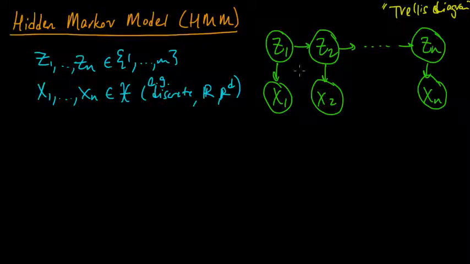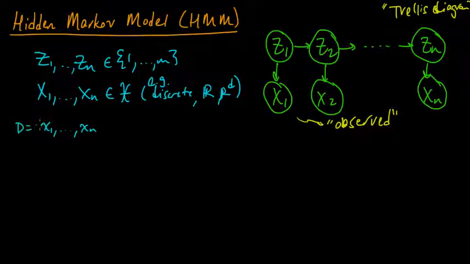The X's here are observed random variables. We observe some data. Usually the setup is that we observe all of the X's. You wouldn't have to observe all the X's, but for now, let's say you observe these X's.